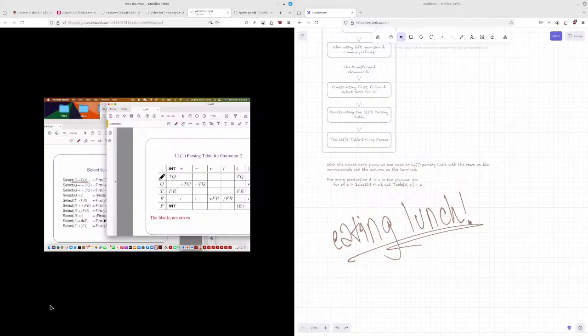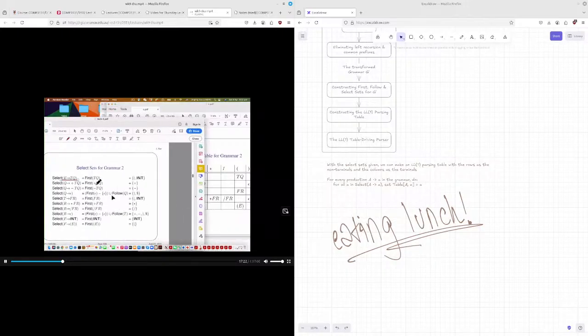In the table, you look at the row indexed by E, that is the left-side symbol. Then you look at what's in the select set. It says the select set of this production contains these two tokens.